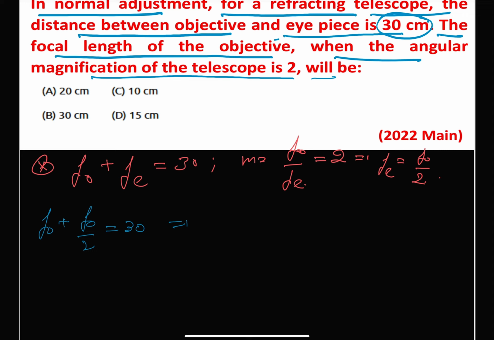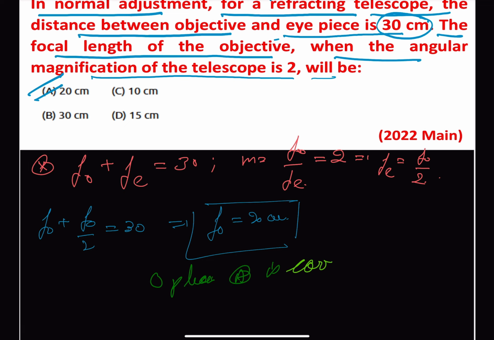So f naught is equal to 20 centimeters. Okay, this was the required one. So we get option number A is the correct one. Option A is correct.